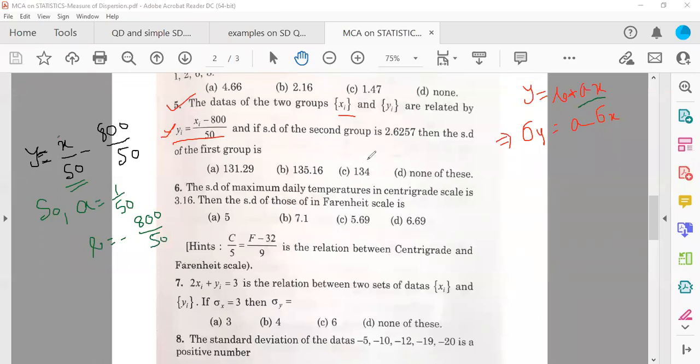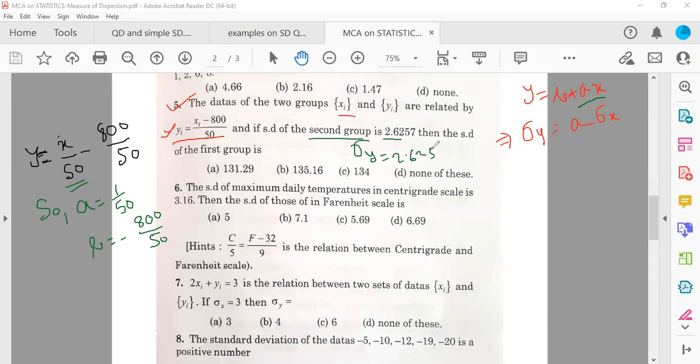Now, well, let's go for the next example. It is given that we know the SD of the second group is 2.62. The second group means y is the first group, x is the second group. This is the standard. So you can say it is given sigma y equal to 2.62757.